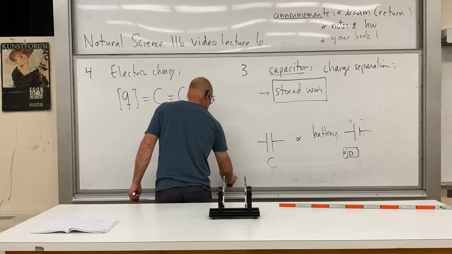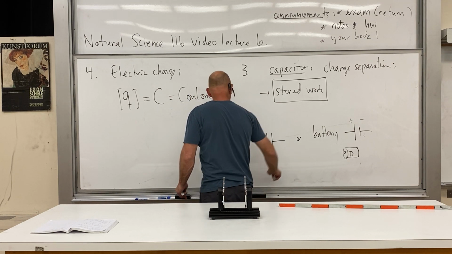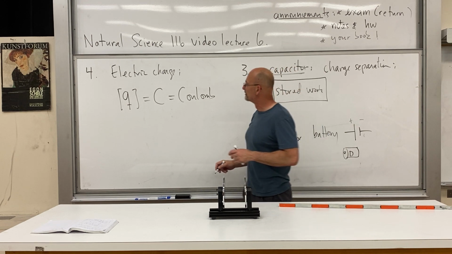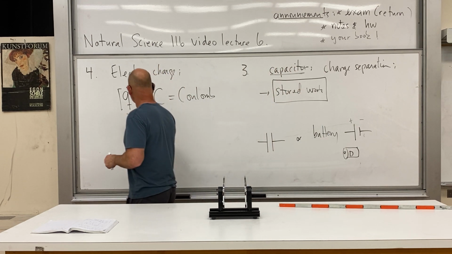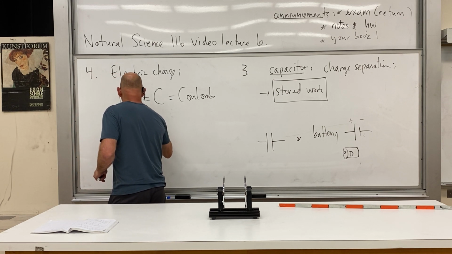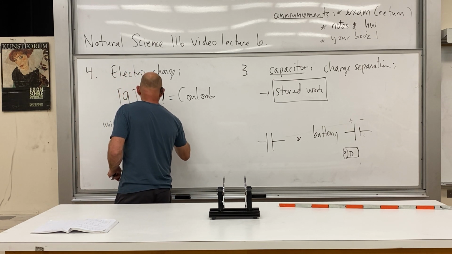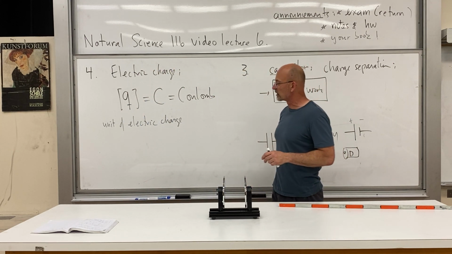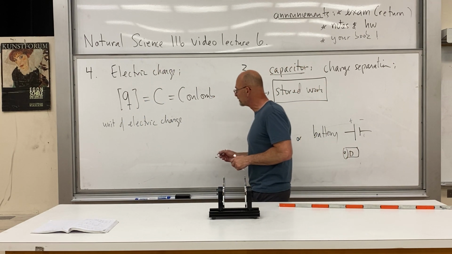I'm going to ditch the C down here for capacitance because we're not going there. The unit of electric charge is the coulomb. This is quickly going to come into familiar territory.